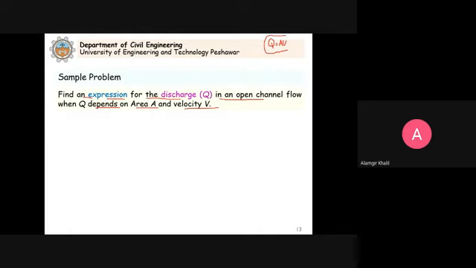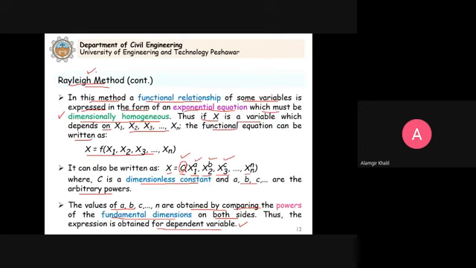So what is the alternative? The alternative is that we can use the dimensional analysis to try to develop the functional relationship. And in the dimensional analysis, we are using the Rayleigh method. Let us see what we get when we follow these steps.